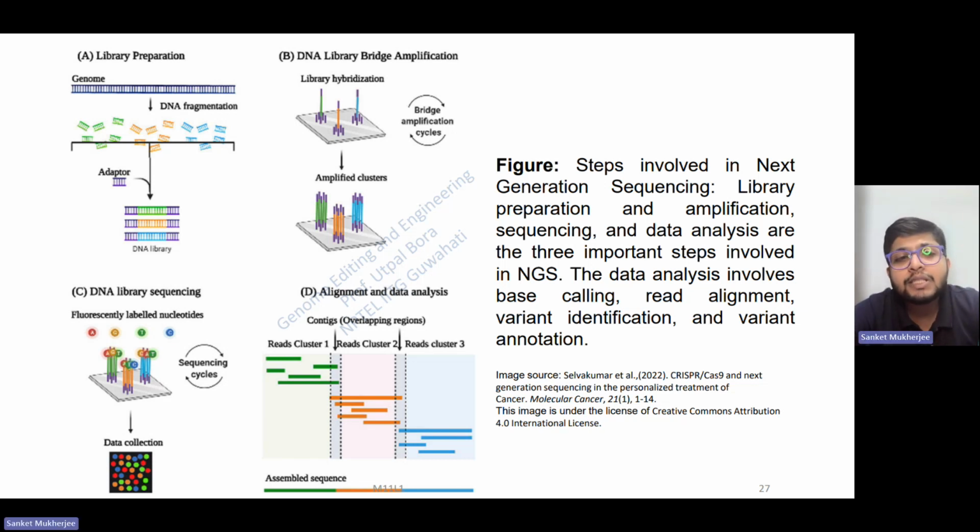Then you will perform cDNA library sequencing. If you're starting from RNA, then you'll have a cDNA. Now, the sequencing of this cDNA will be done. As I said, in case of pyrosequencing, we use fluorescent labels, and there will be multiple sequencing cycles.